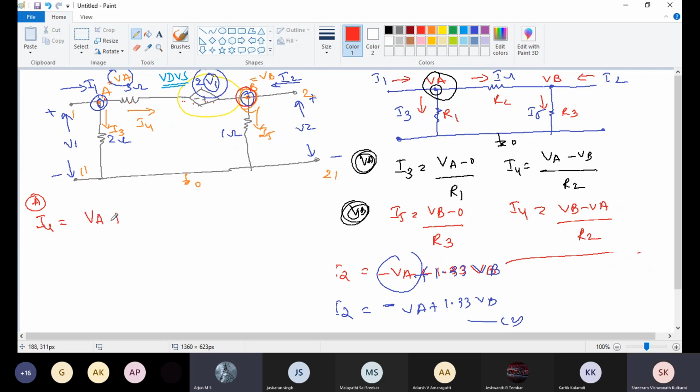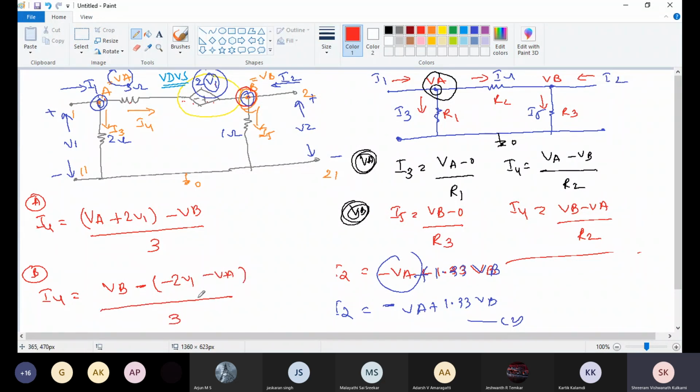Yes, correct. 2V1 minus VB divided by 3. If I'm writing for B, I4 equals VB minus of minus 2V1 minus VA divided by 3. This is correct, right?